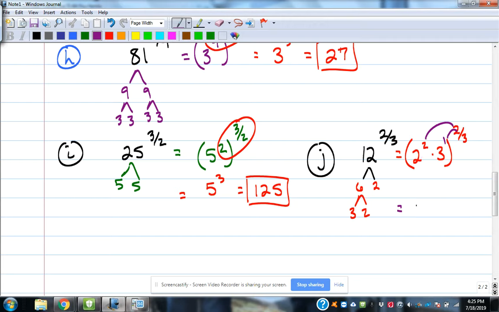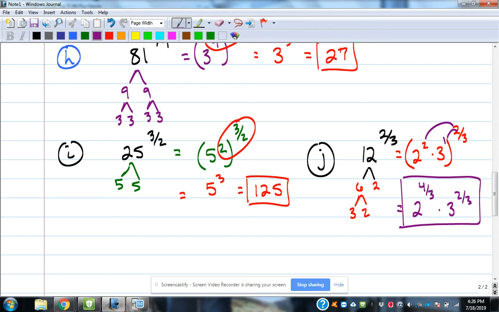And that's going to give me 2 to the 4/3, and then 3 to the 2/3. So we call it simplifying, but it doesn't look simpler, does it? It looks bigger, but we're actually breaking those bases down a little bit there. So it's using a factor tree to break the base down to get it to its smallest terms. That's what we're trying to really simplify, is the base, not necessarily the entire problem.